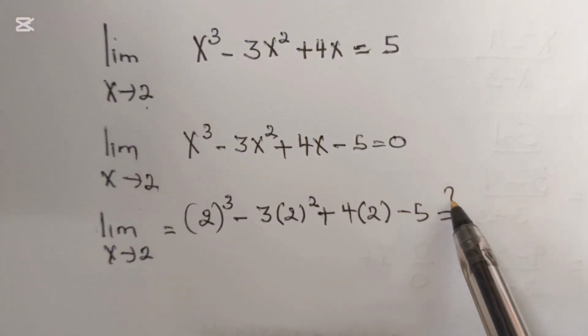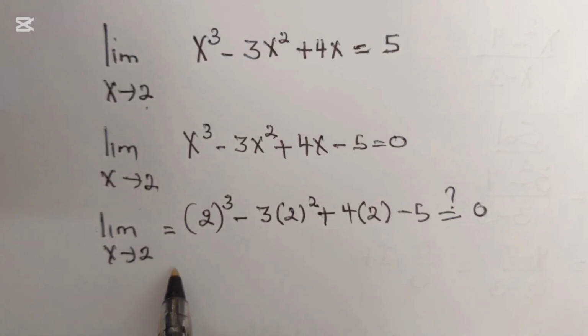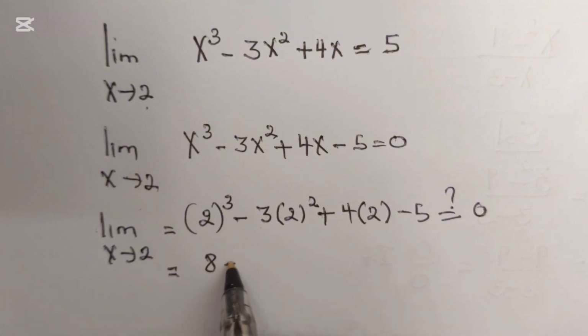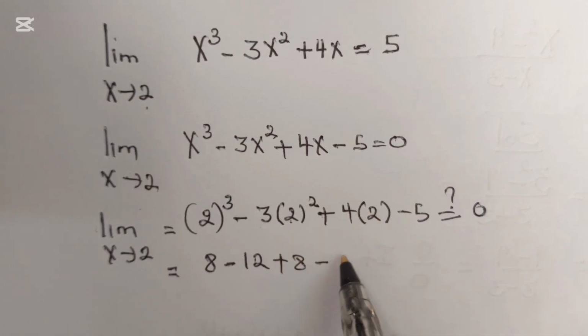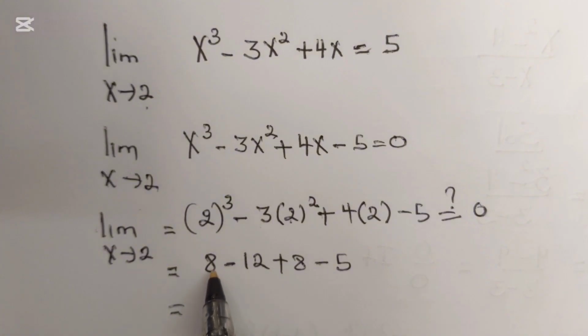We're going to see if it equals 0. It is equal to 8 minus 12, plus 8, minus 5. 8 plus 8 equal to 16, negative 12 and negative 5 equal to negative 17, which is negative 1.